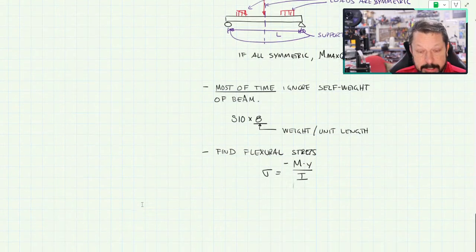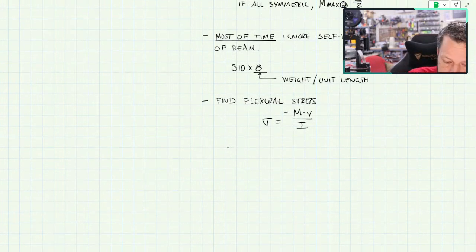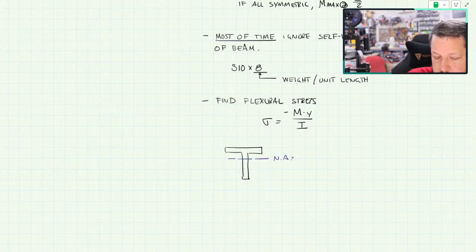Another potential complication is if the beam is not an I-beam. I've drawn a T here. Then you have two different flexural stresses. One of them is measured to the top of the beam with one value for y, and another is measured at the bottom of the beam with a different value for y.